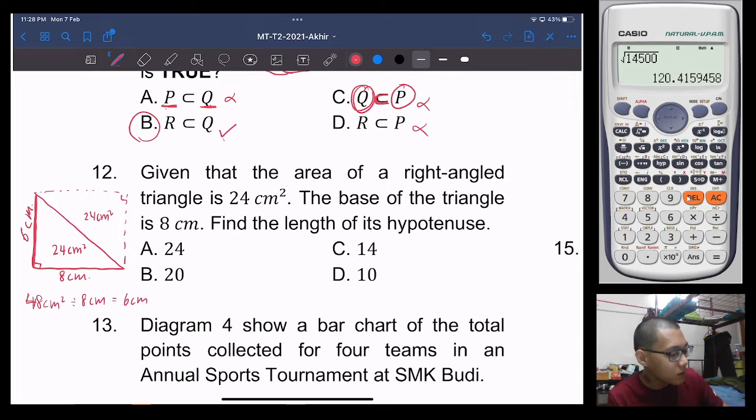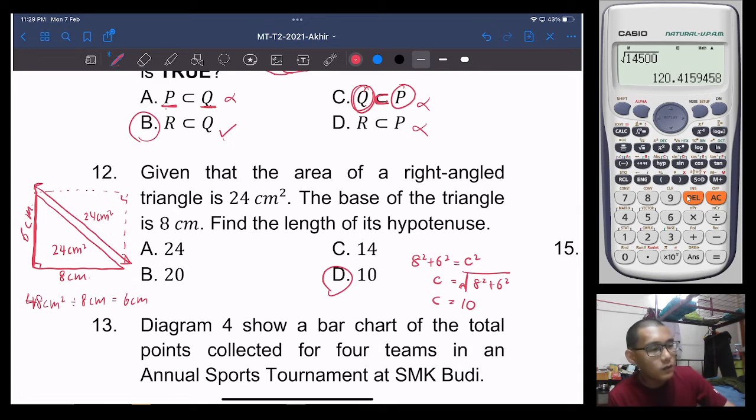How do we find the hypotenuse? We use the Pythagoras theorem: 8 square plus 6 square is equal to the hypotenuse, let's say c square. So we find c by taking the square root of 8 square plus 6 square. The final answer is 10.